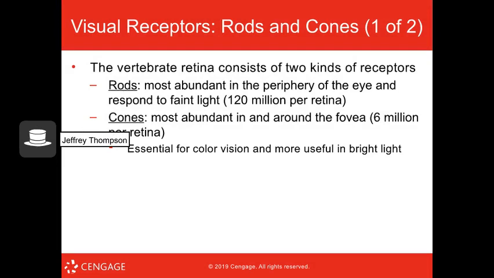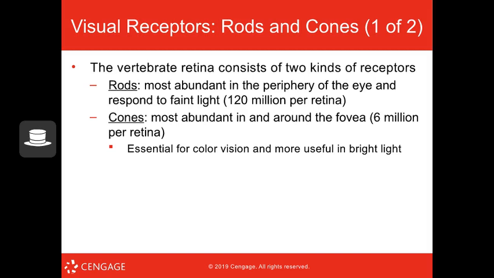So we've alluded to this, but now we're going to talk a little bit more in depth. You have two types of receptors in your retina, or rather on your retina. You have rods, which are more abundant in the periphery, as we mentioned before, and they respond more to faint light. You have cones, which are more abundant in and around the fovea, and are more sensitive to specific colors and more useful in bright light.